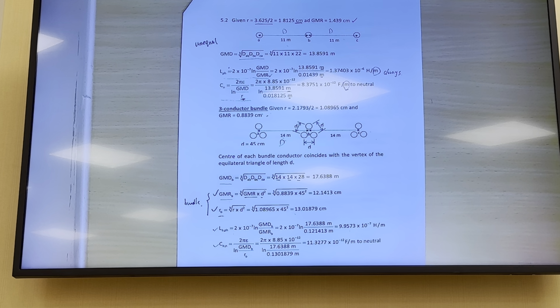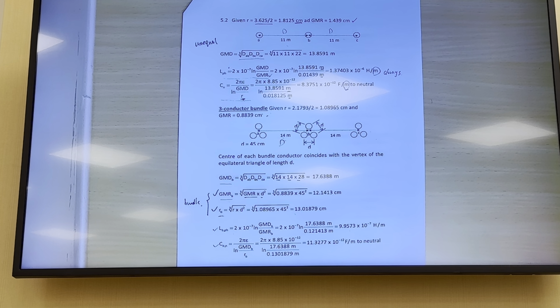Second case, we replace this conductor with three strings, and then we extend the distance to 14 meters. And the distance between the bundle conductors is also given, which is 45 centimeters.